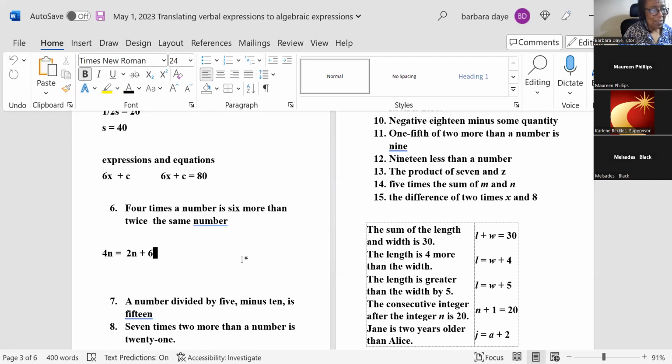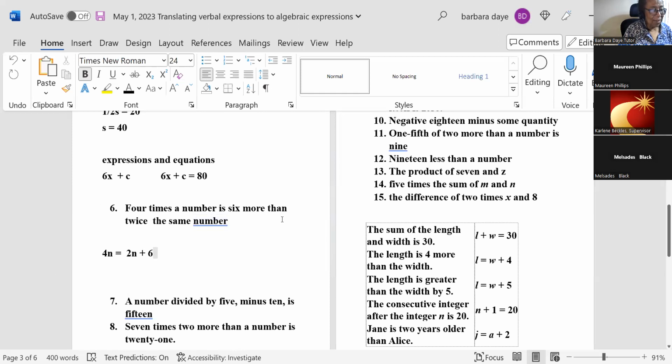But you didn't translate the more than to add. If I had said 4 times a number is twice the same number added to 6, then you would have had it right. But you can't always put what's in the verbal first because it appears first. That's why you have to read the whole thing.